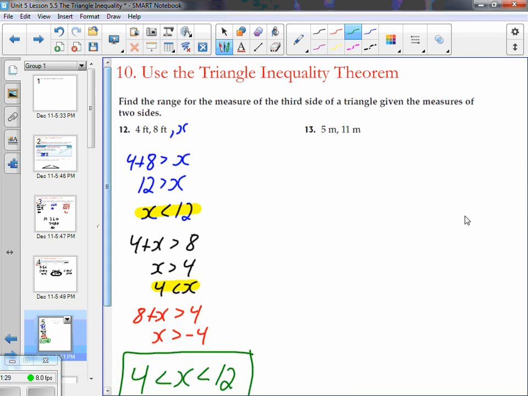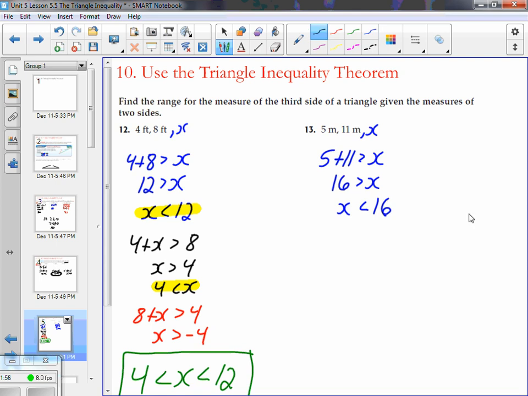All right, let's do number 13 the same way. We know, if we let our third side be x, that the triangle inequality theorem says that 5 plus 11 is greater than x, which is 16 is greater than x. We want less than signs, so we make that x is less than 16.